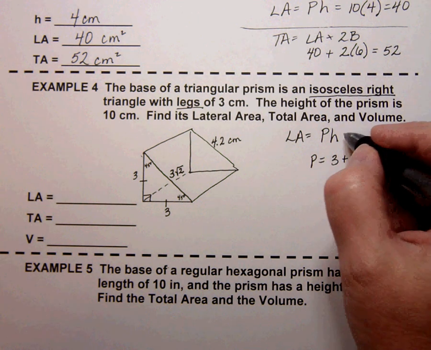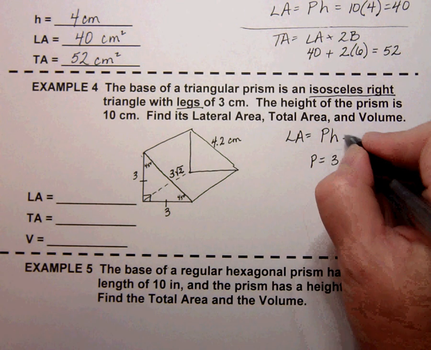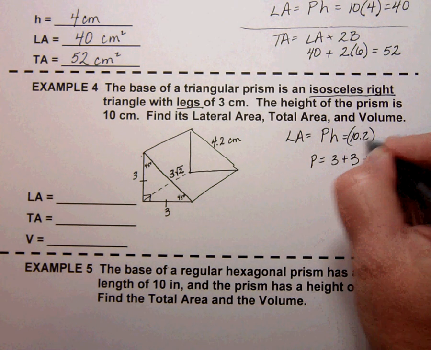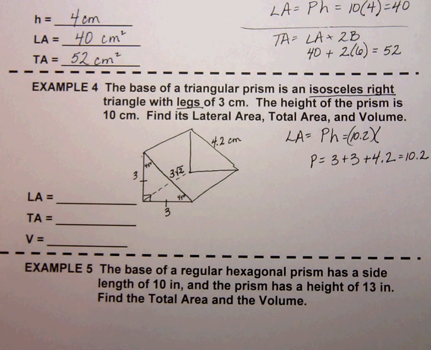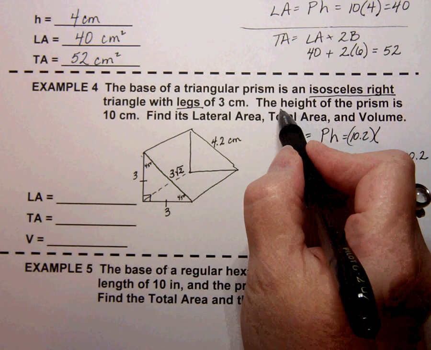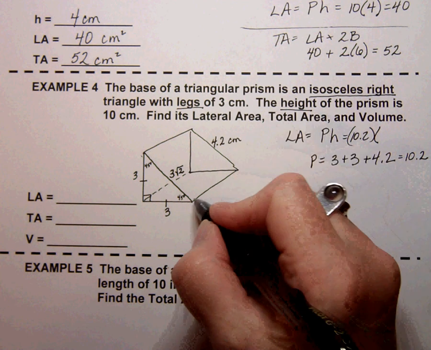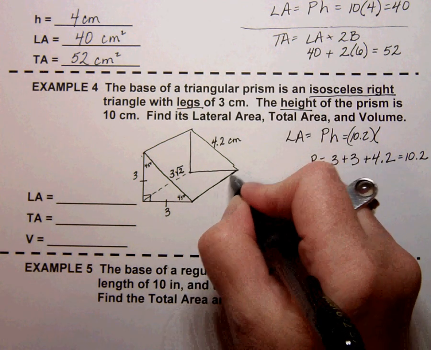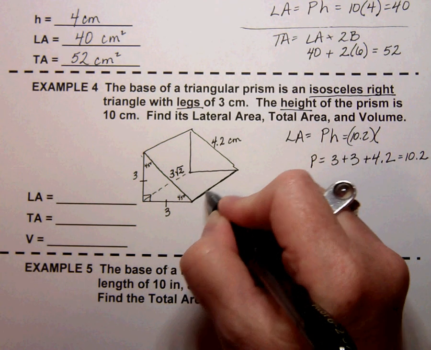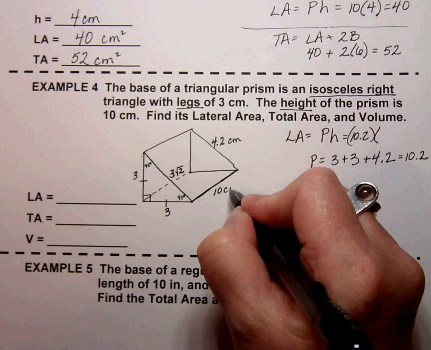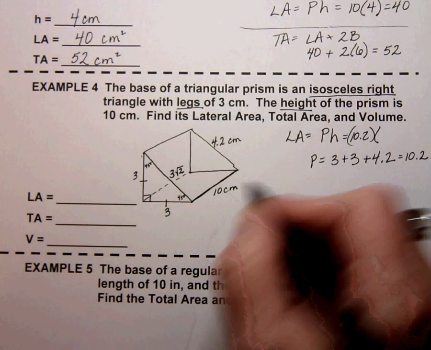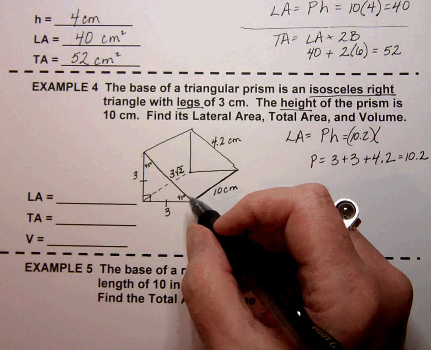And then when you multiply your 10.2 times your height, now be careful on this one. The height, they wrote it right here, the height of your prism's 10. I'm going to go ahead and label it. This lateral edge right here is 10 centimeters. And that is how tall it is, even though I've got my prism kind of drawn sideways.